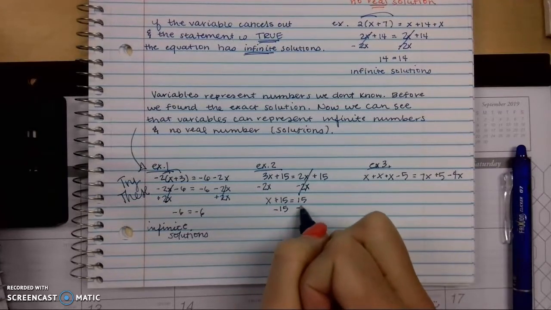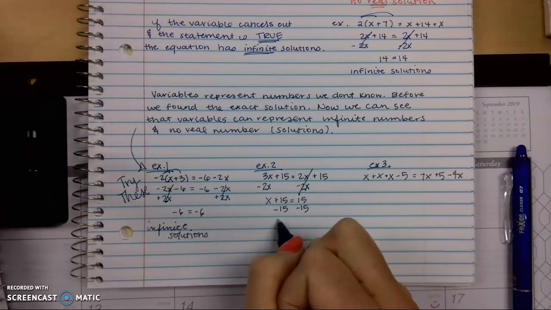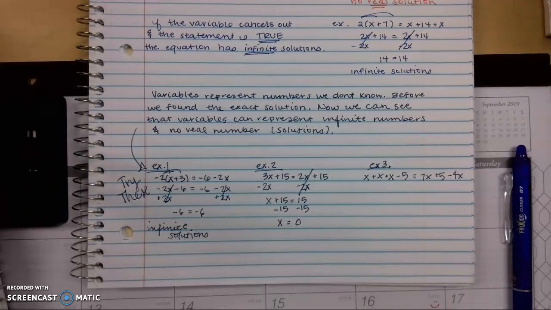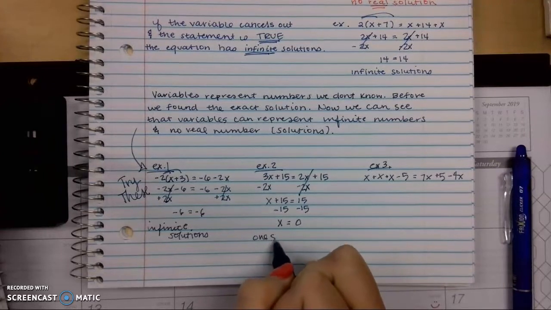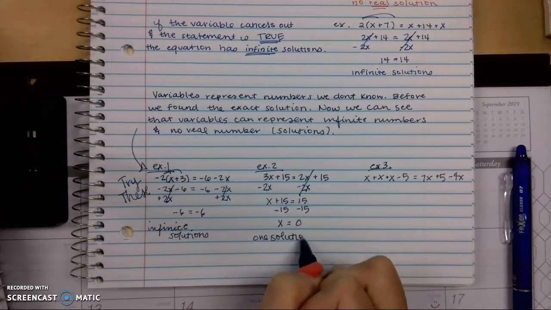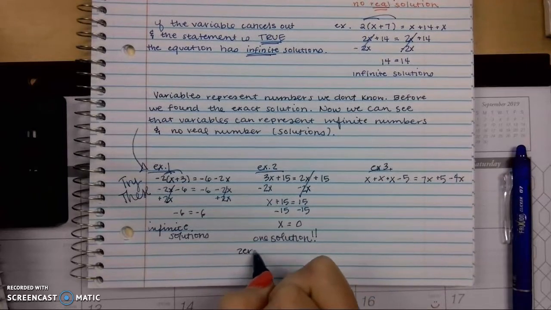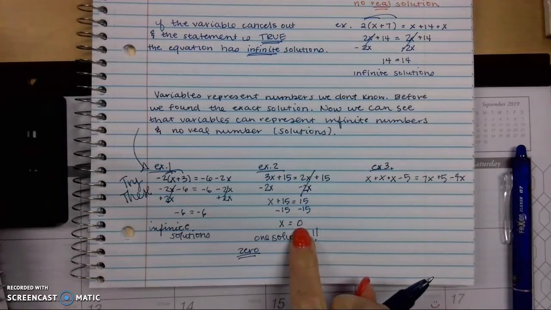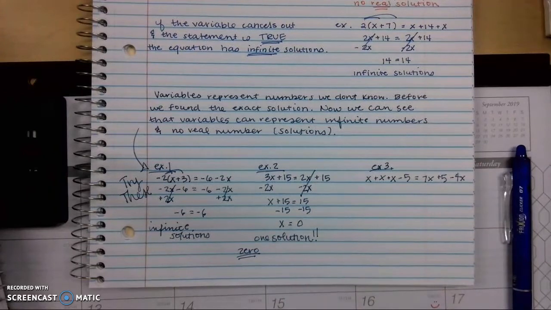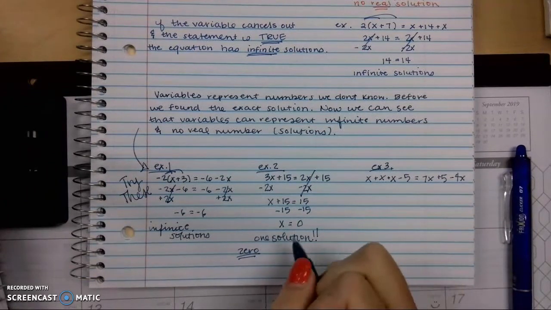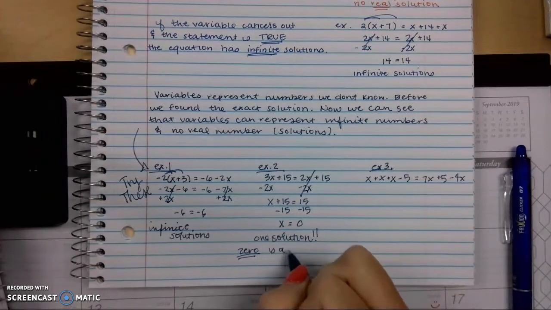Subtract 15 from both sides because I want to get that variable by itself, so I have x is equal to 0. This is a 1 solution. 0 is a solution, okay? Don't forget. Just because you get 0 doesn't mean it's a no solution. 0 is a solution, so be careful.